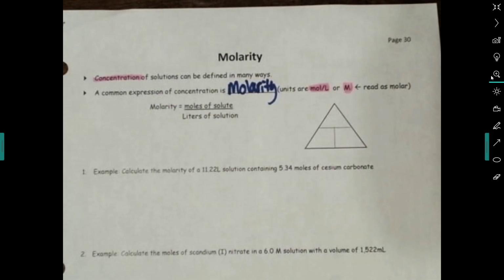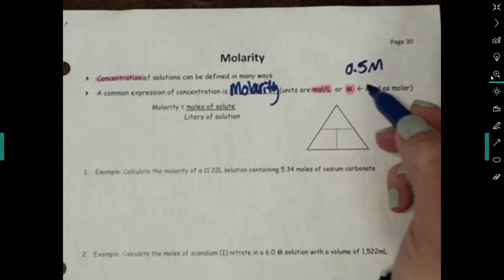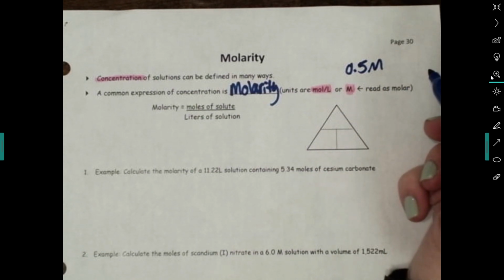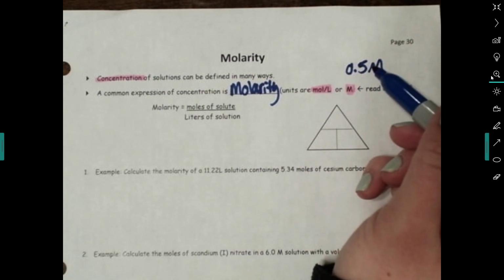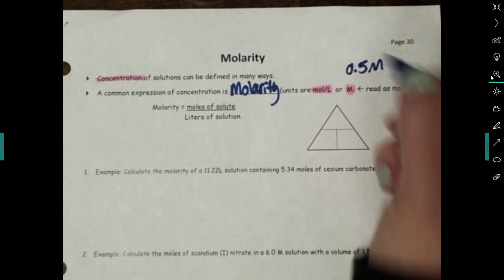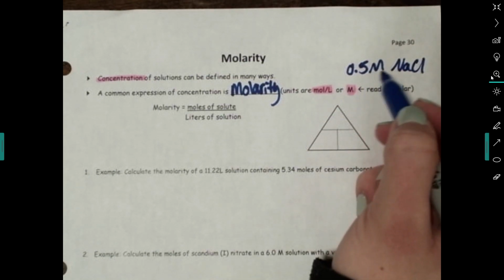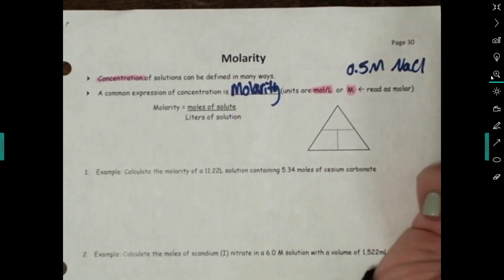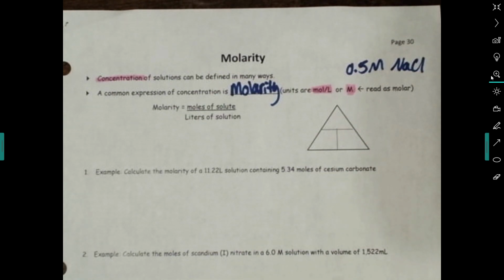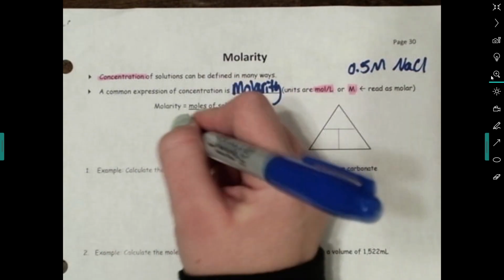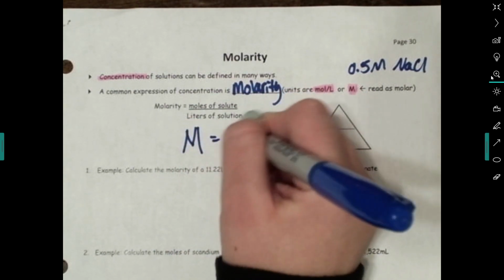So if I had like 0.5 M, that would be a 0.5 molar solution, and that would mean that if this was like table salt, NaCl, there'd be 0.5 moles of NaCl for every liter of water. That's what that would mean, okay? So again, molarity is moles of solute per liters of solvent. So molarity is capital M, it's moles per liter.